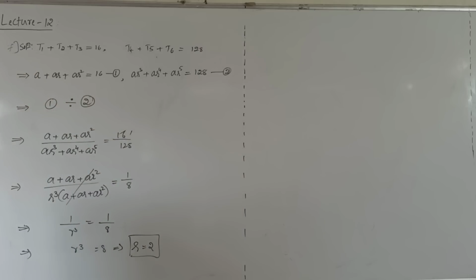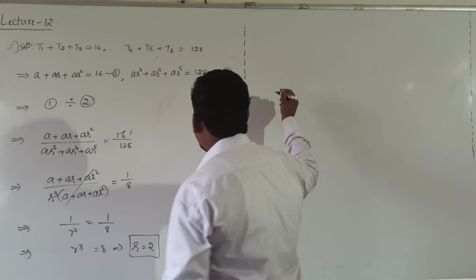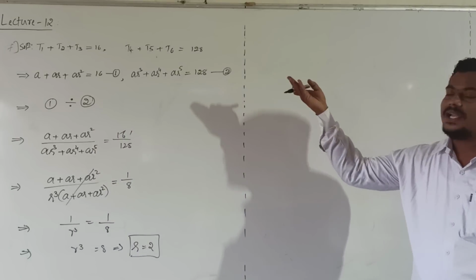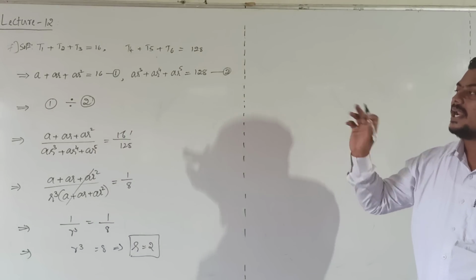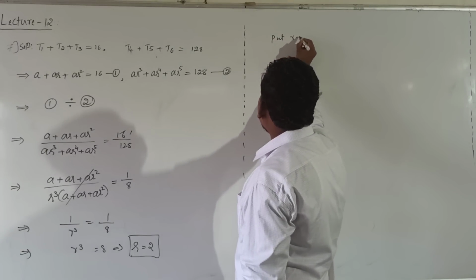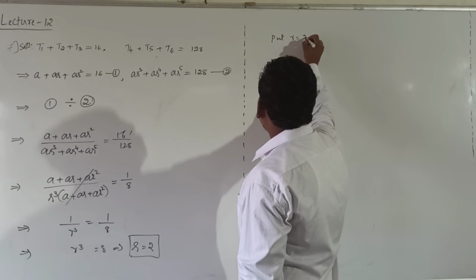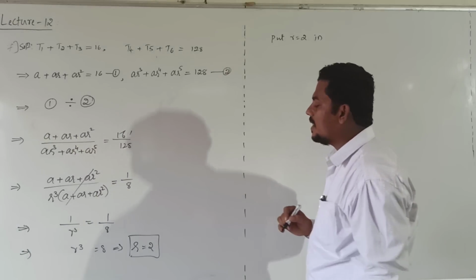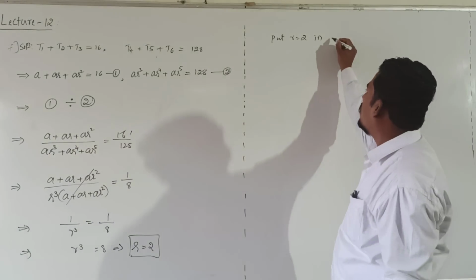After getting the R value, put the R value in any one of the equations, either in 1 or in 2, and you get the first term A. Put R equal to 2 in equation number 1.